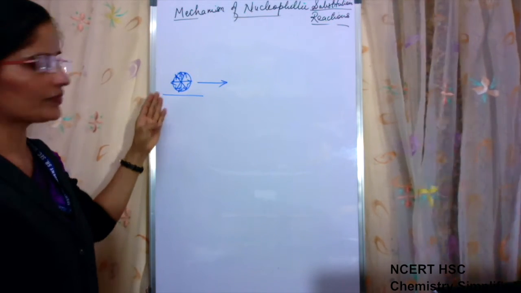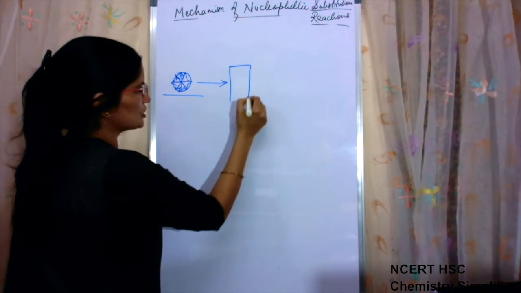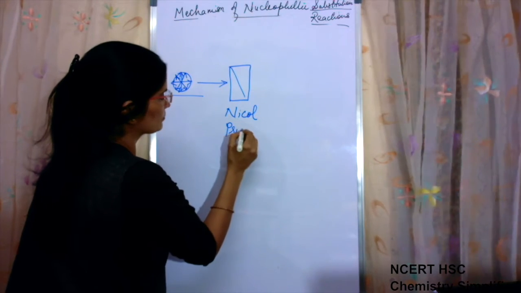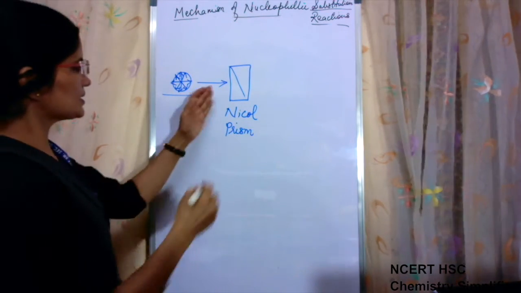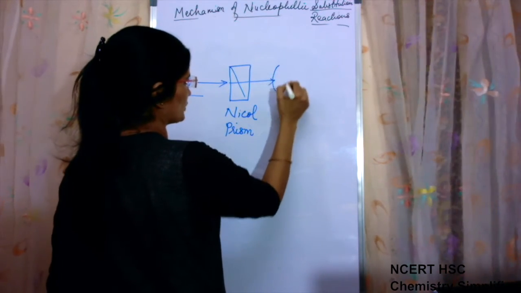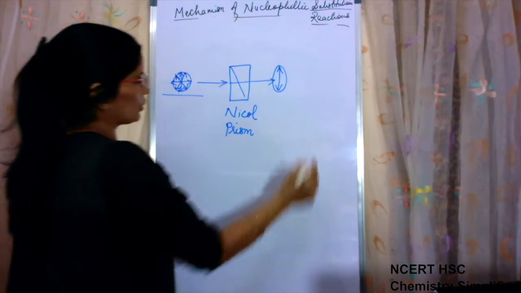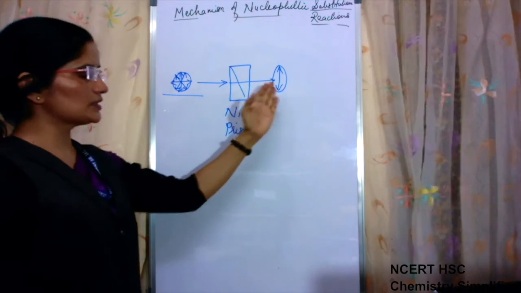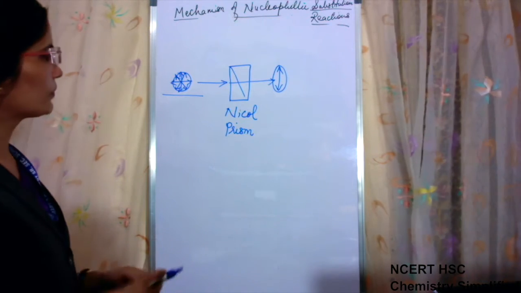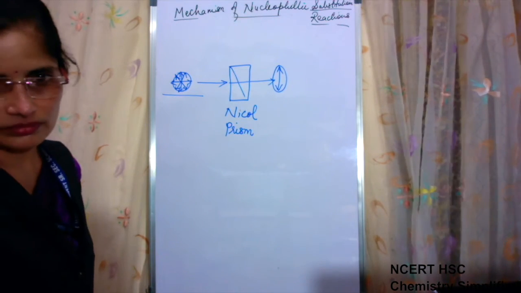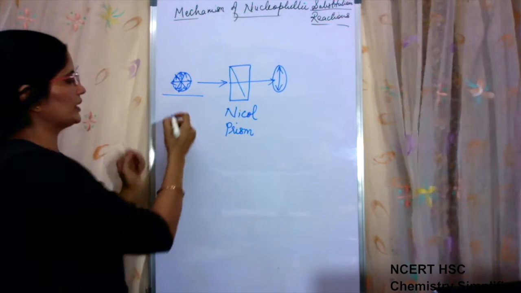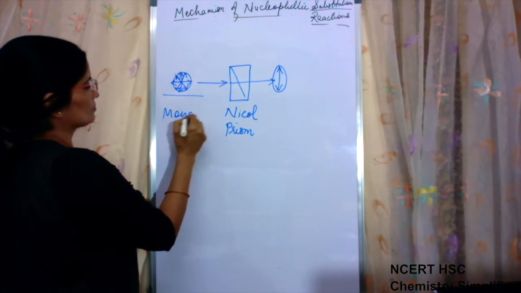When we allow such light to pass through a special prism known as a Nicol prism, this converts the vibrations of the light to only one direction. The light which comes out of the Nicol prism now has vibration in only one direction.